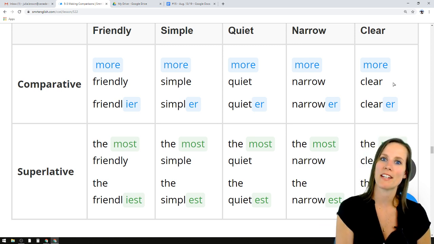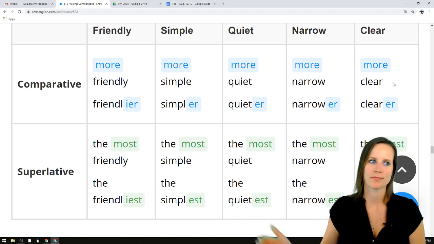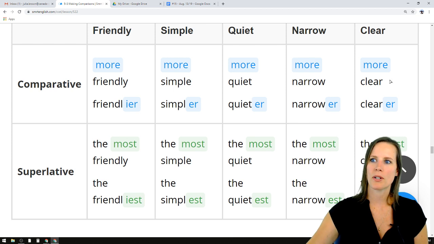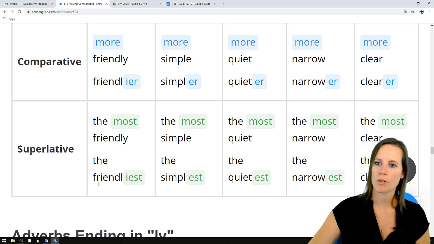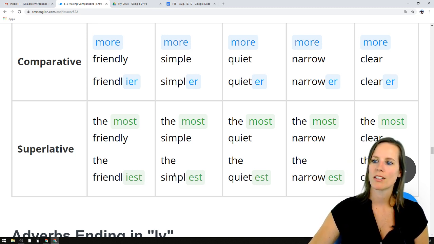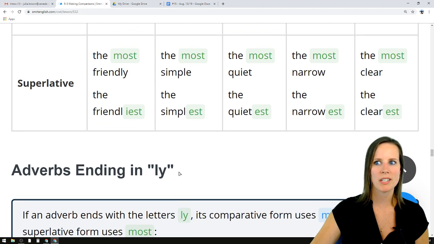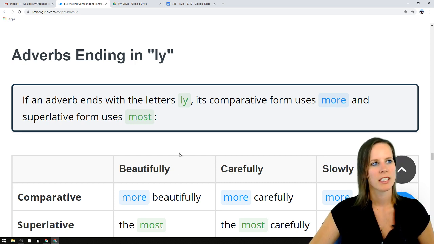Or this information is more clear than that information. And superlatives is the same, where you can say the most friendly or the friendliest. You can say the most simple or the simplest. Okay? We'll continue with our rules and we'll come up with our own examples after.